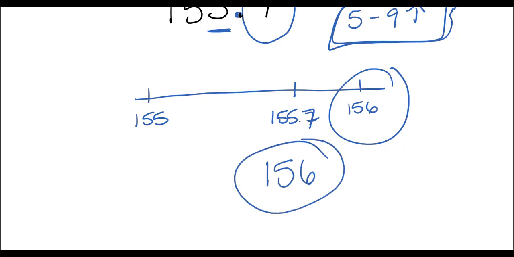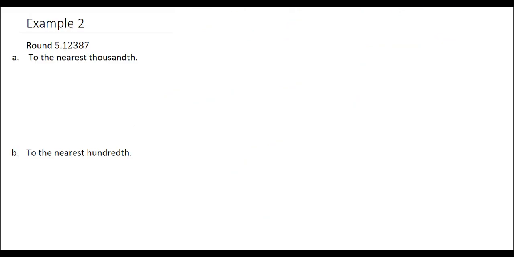Now let's look at the next example. Example 2, we're going to round this number to the nearest thousandth, and then to the nearest hundredth. Let's rewrite it for part A first. To the right of the decimal we have tenths, hundredths, thousandths.